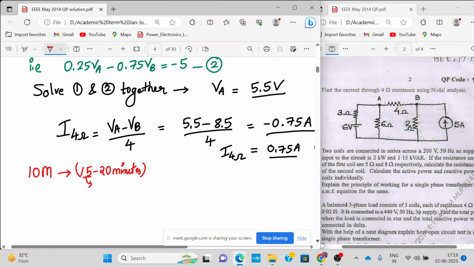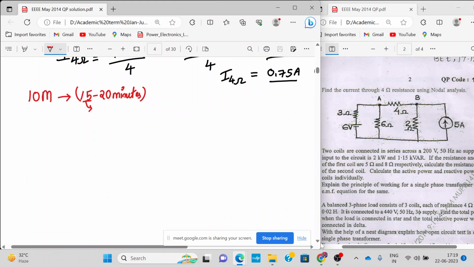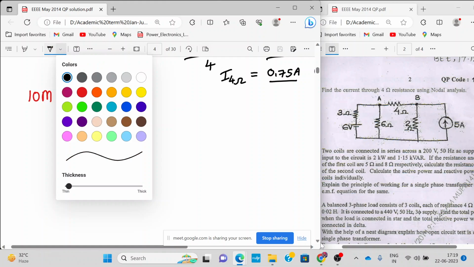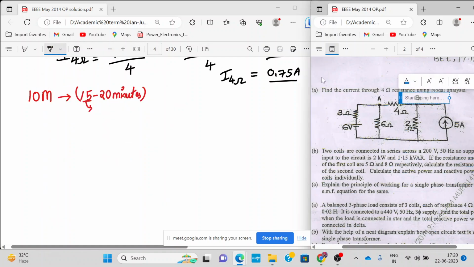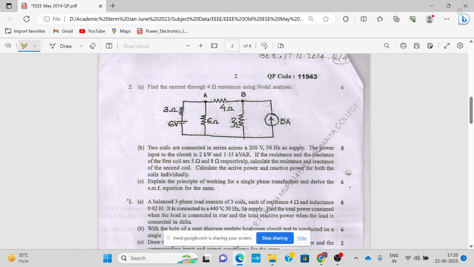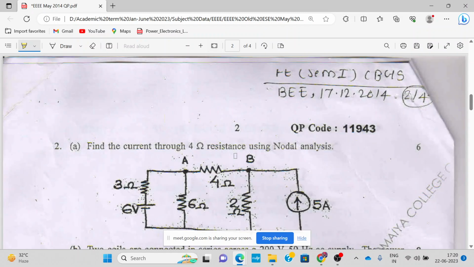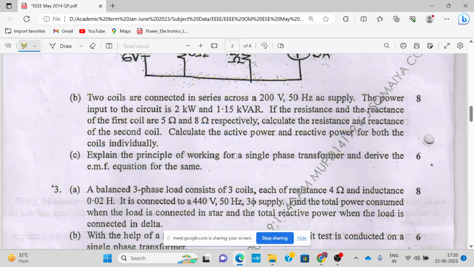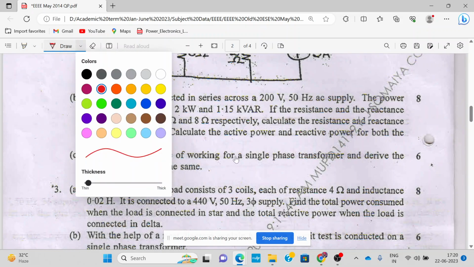Okay, let's move on to the next one. In exam you don't get time, right? So we have to keep on moving ahead. Let's read the next question, 2b. 2b is related to AC again, so we have to read it thoroughly. So 2b we will be solving now.